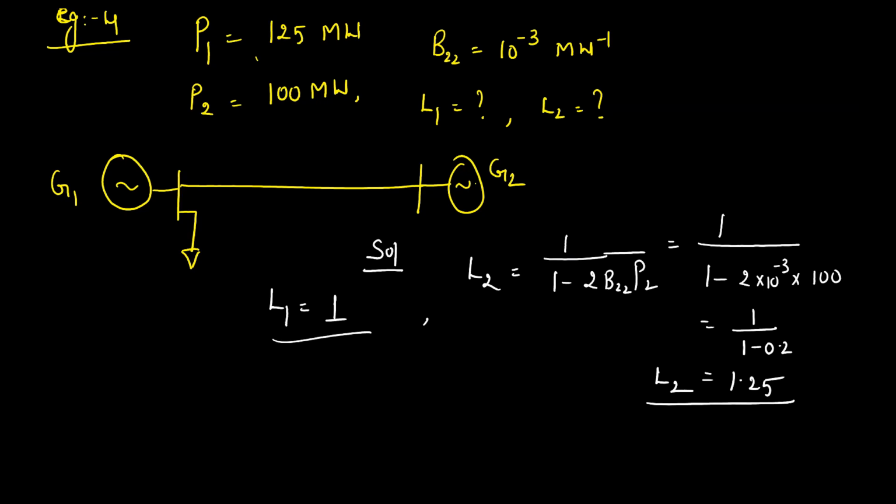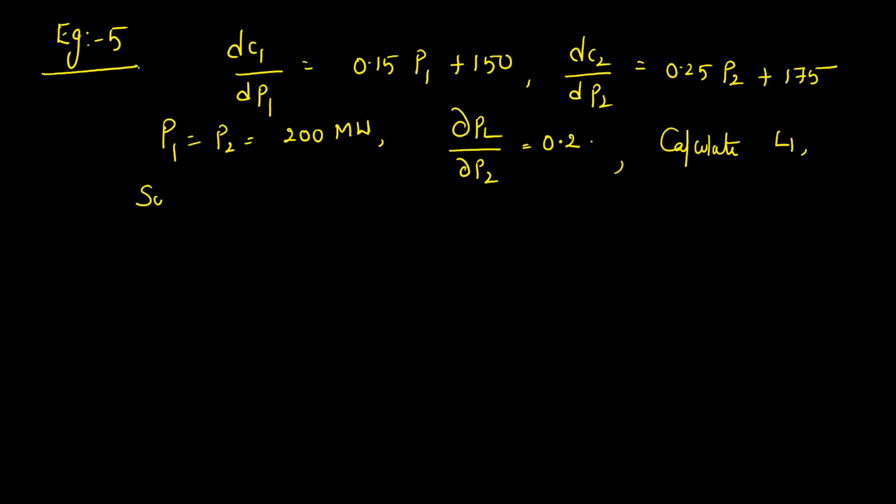This is the other question. In this case, how can we approach the problem? We need to calculate the penalty factor L1. Here, with the data that he has given, we can calculate penalty factor 2. But he's asking for penalty factor 1, and he did not give the incremental transmission loss of the first generator.